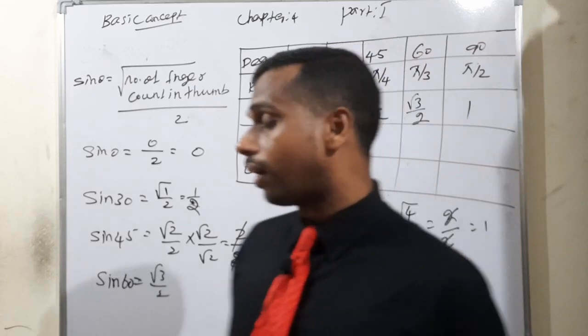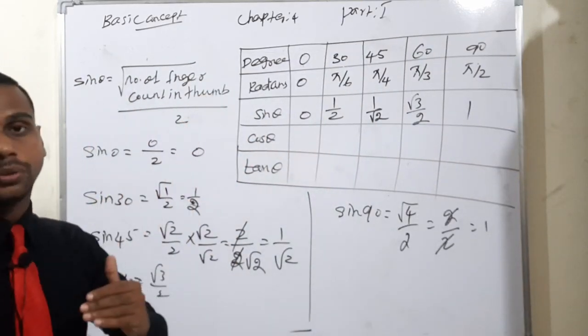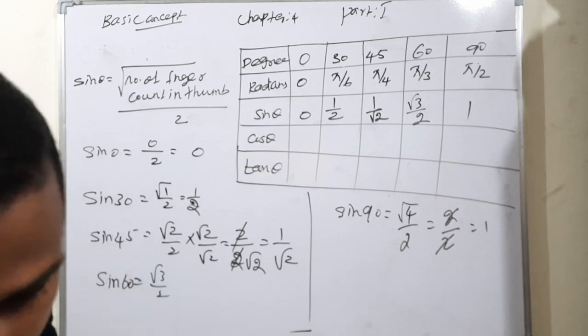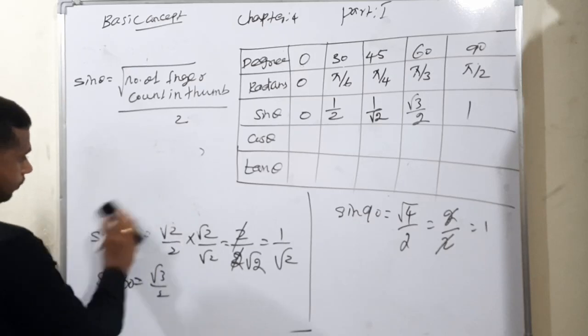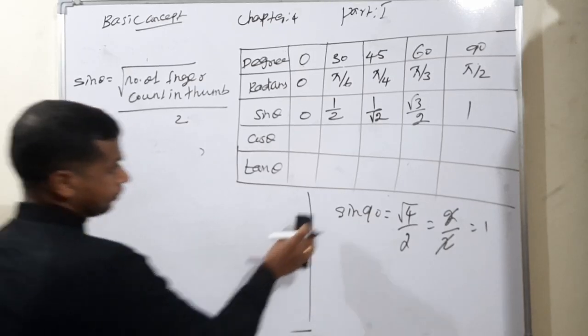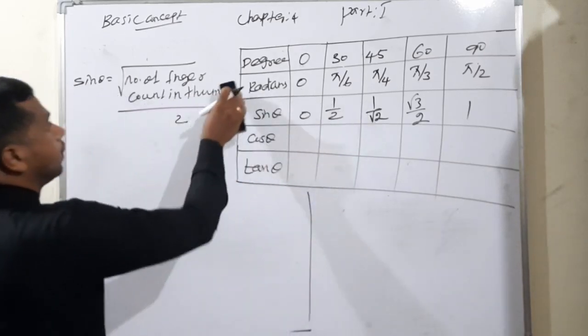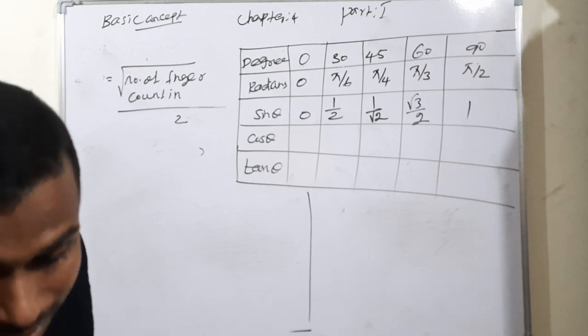Okay, moving to cos theta. Instead of the thumb side, we have to count the little finger side. What is the formula? Cos theta means the number of fingers counted on the little side.